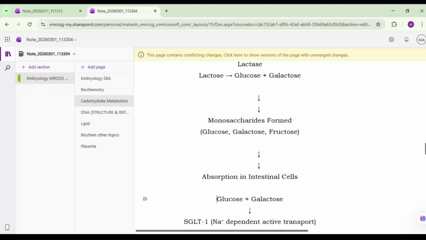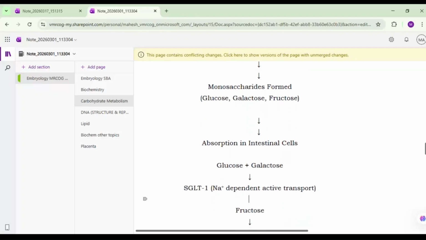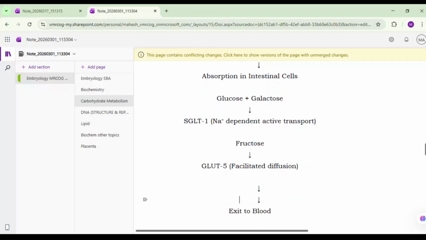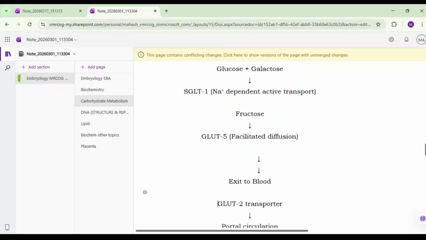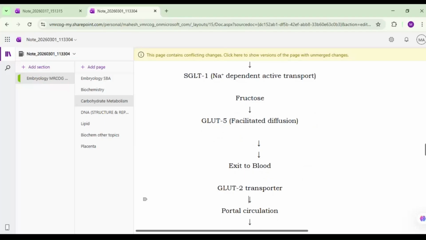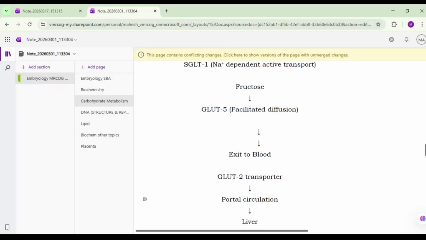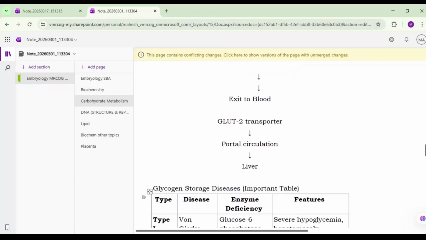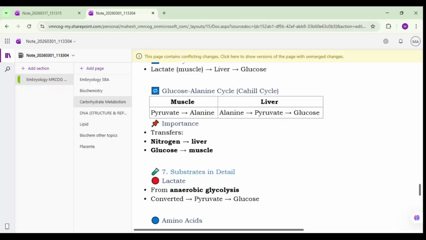Here also there are transporters which we have seen. Glucose plus galactose will go via SGLT1, that is a sodium dependent active transport. The fructose will go via GLUT5, that is a facilitated diffusion, and it will exit to the blood. Via the GLUT2 transporter, it will go into the portal circulation and then to the liver.